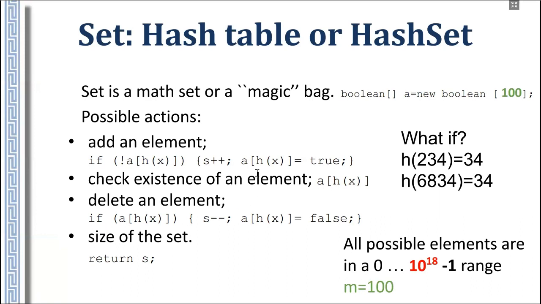This means that if we put the number 234 into our set and check, for example, the existence of 6834, then our data structure says yes, we have such a number, but in fact we put 234. This situation is called a collision, and it is a very, very bad situation. We should solve this issue too.